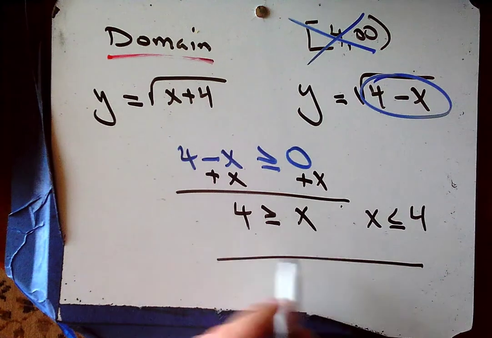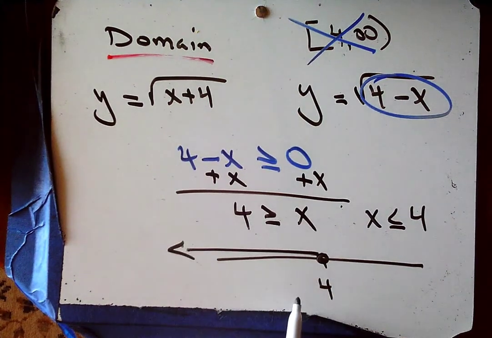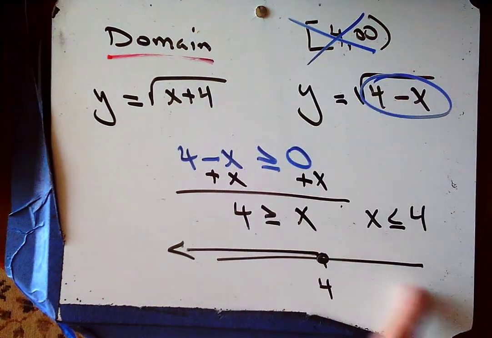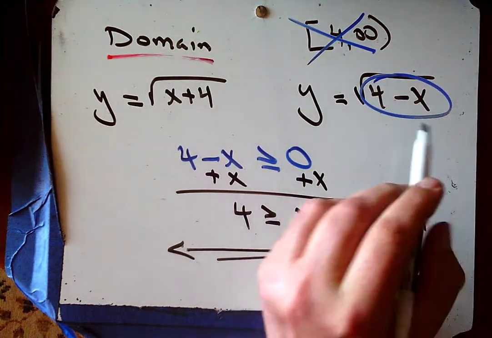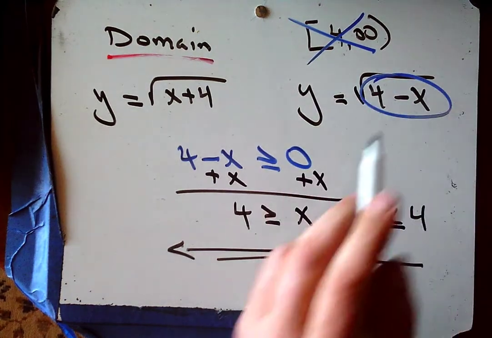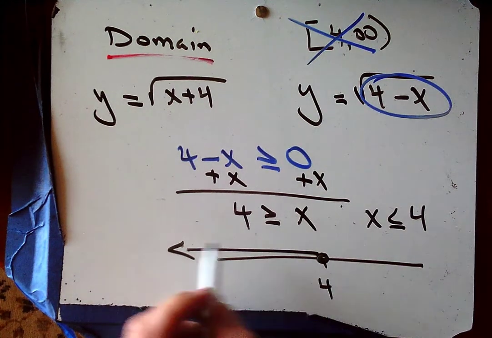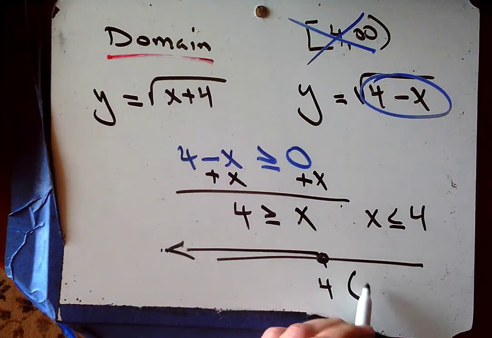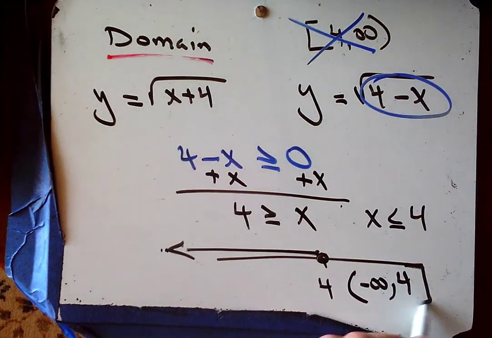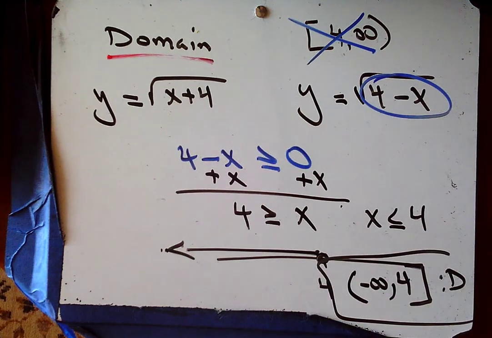On a number line, could be equal to 4, could be less than 4. Look at that. That's not from 4 to infinity. No, no, no. If I plug a 5 in here, I get 4 minus 5 is negative 1. I can't take the square root of negative 1. No, my domain here starts at negative infinity and goes until I get to 4 with a bracket. That's my domain, okay?